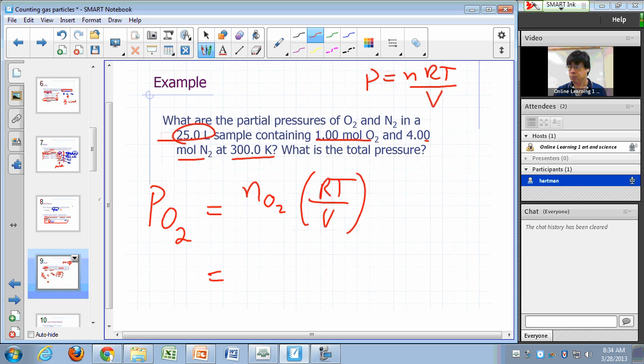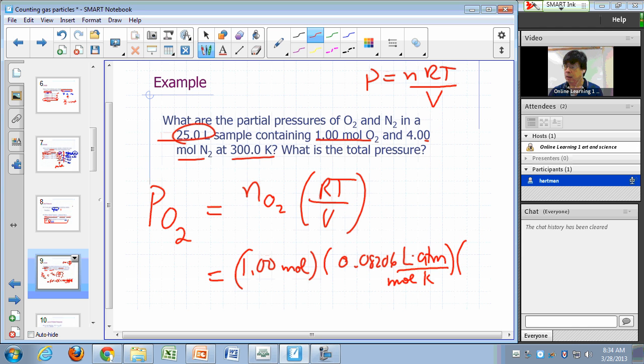Moles of O2 would be 1 mole. And what is R? 0.08206 liters times atmosphere per mole per Kelvin. What's our temperature? 300 Kelvin. What's our volume?